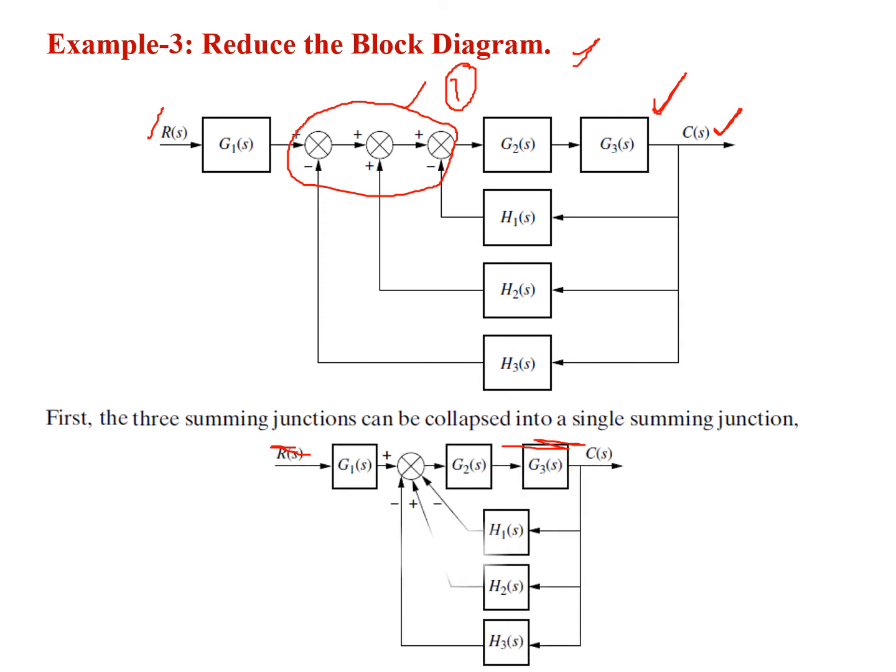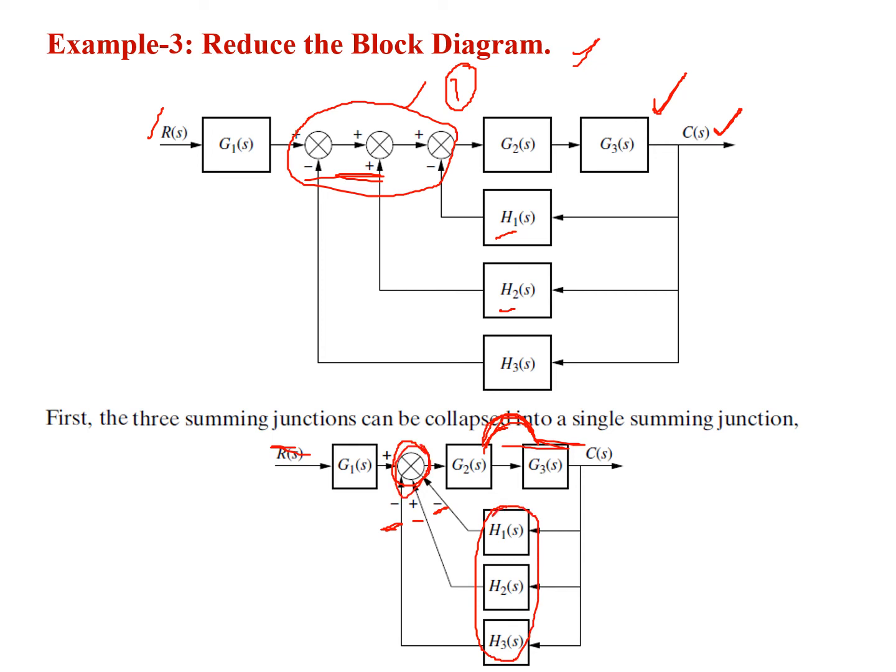The resultant block diagram is this one. These 3 summing junctions are replaced by a single summing junction, with H1 of S having the negative sign, H2 of S having the positive sign, and H3 of S having the negative sign. Now these two blocks are in series, and these 3 gains are summing at the summing point.